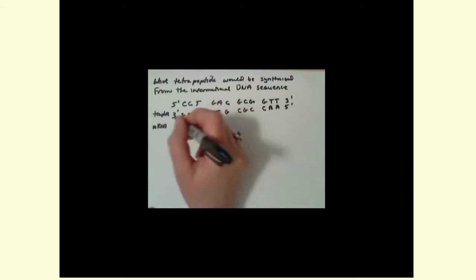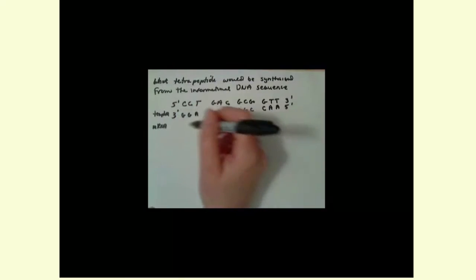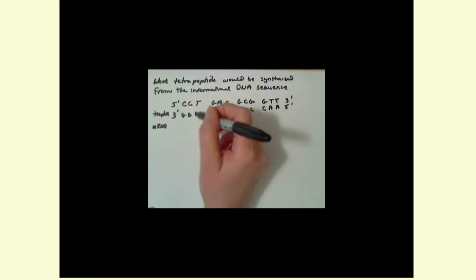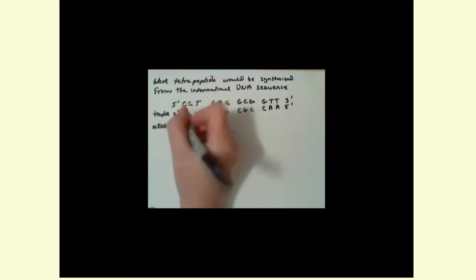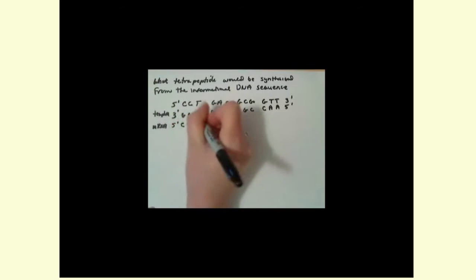Okay? Or if we were only given the template strand, then the messenger RNA is the complement of that strand, and again, for each adenine, we would replace that with a uracil, not a thymine, because we don't find thymine in RNA.